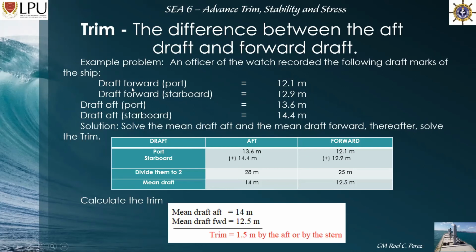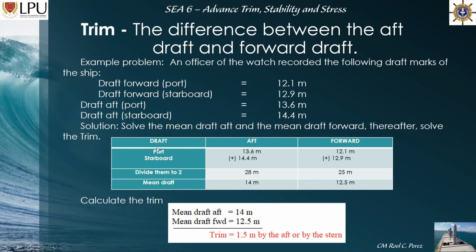Okay. So, you read the draft forward, port side, 12.1 meters, and draft forward starboard side, 12.9 meters. So, anong gagawin natin? Then, solve the mean draft aft and the mean draft forward. Mean means average nga.